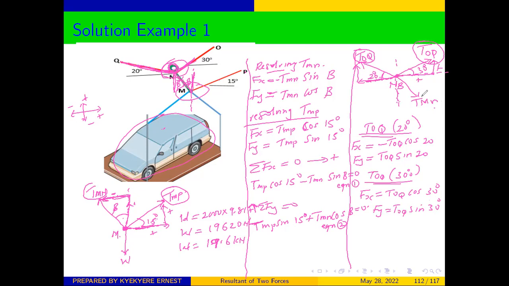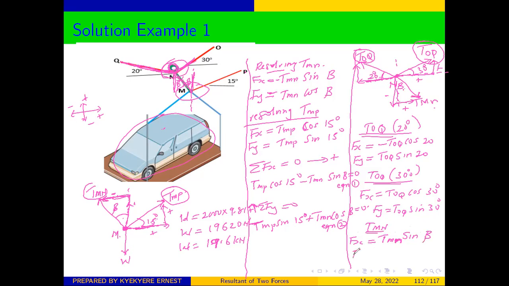Now for MN, this is the starting point and this is the end point, looking at the direction of the arrow. And so we are going to move down on y, which is going to make y negative, and then we move in this direction on x, which is going to make x positive. Therefore, resolving for TMN, you can see that our x component is facing the angle, so you are going to get TMN sine beta.